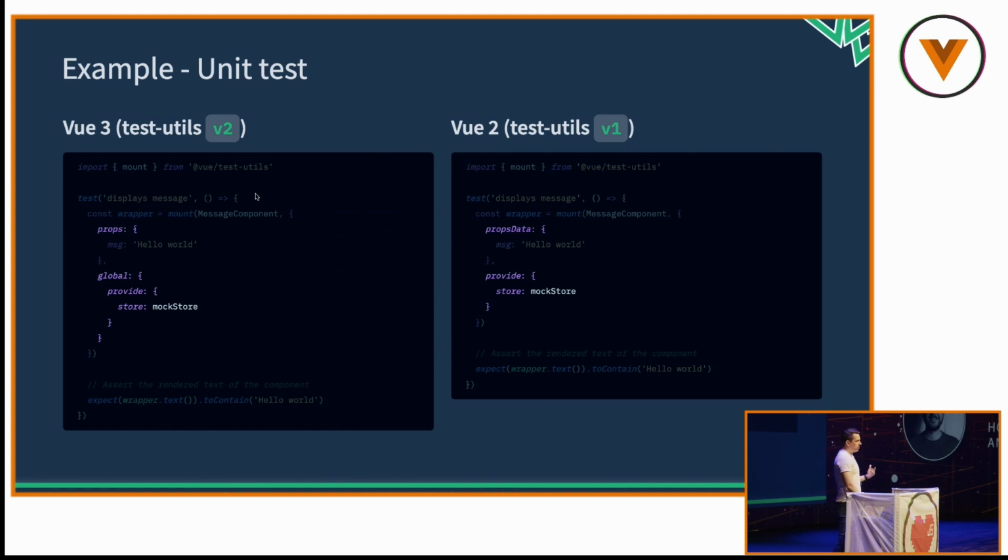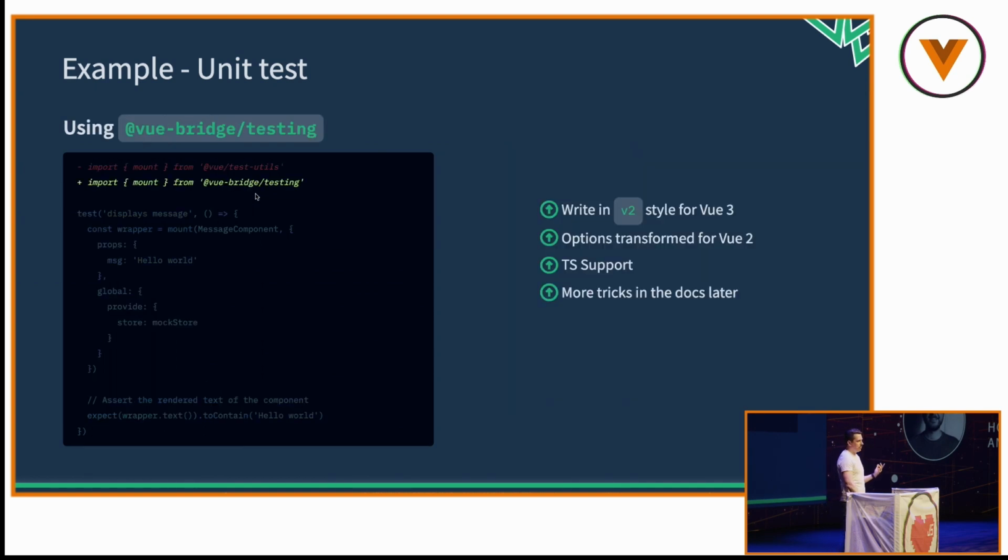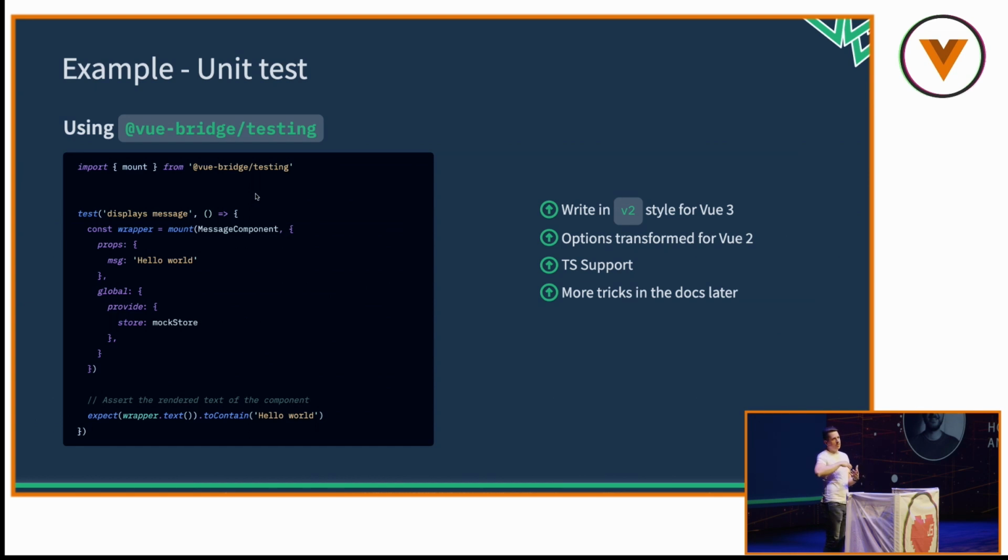So also here we can quite simply switch the import from test utils to Vue-Bridge testing and use the Vue 3 way of doing things. Under the hood, if this test is run against Vue 2, it will reformat the options object to work with the older version of the test utils, which was aiming for Vue 2.